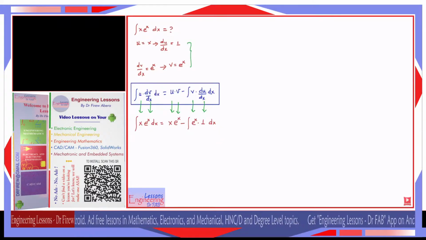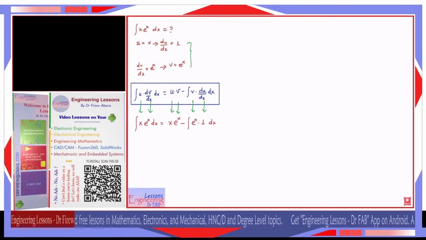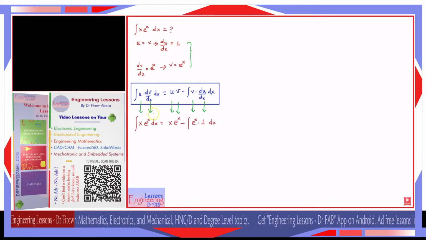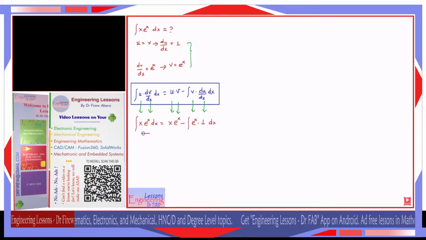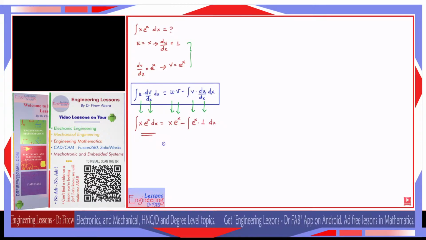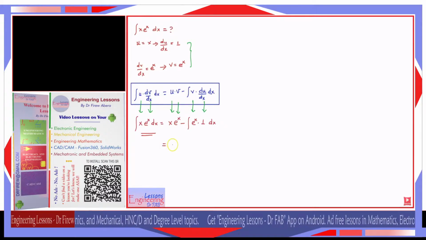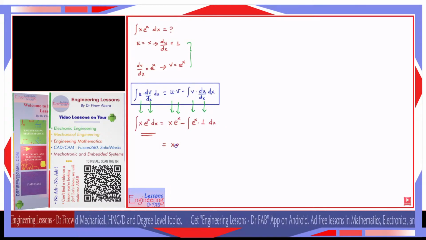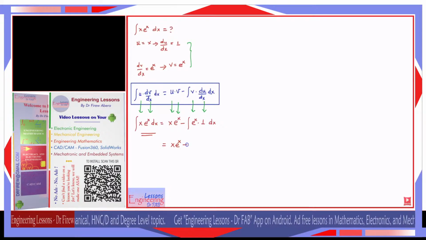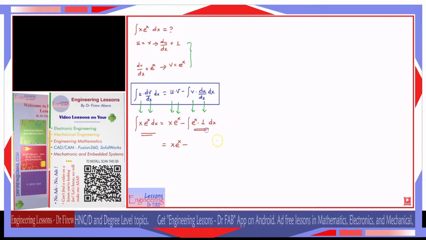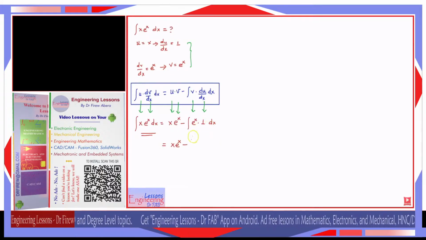This is fairly easily solvable. The integral of x e raised to x dx therefore equals x e raised to x minus the integral of e raised to x, which is e raised to x.